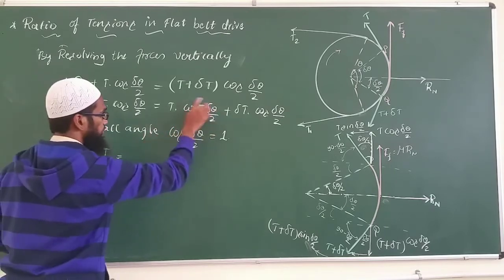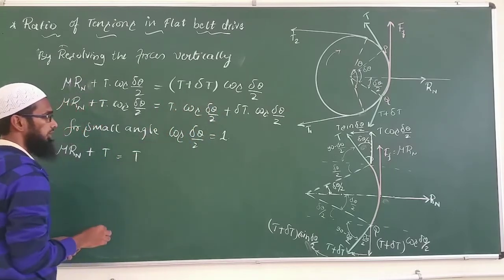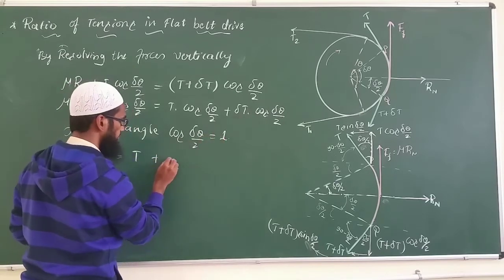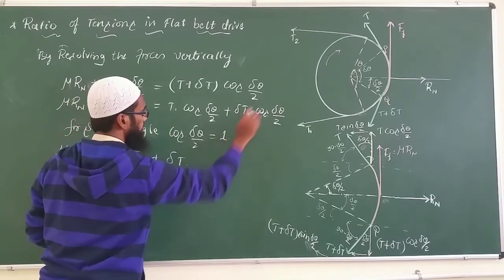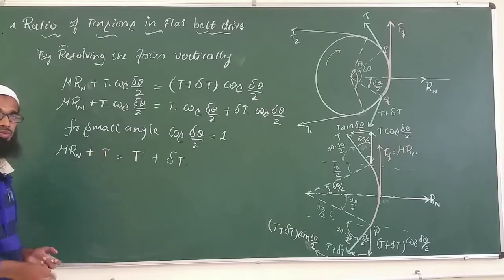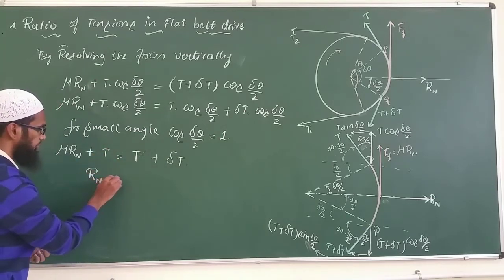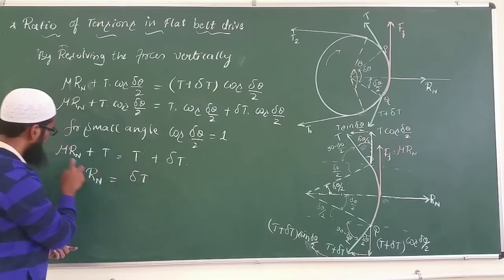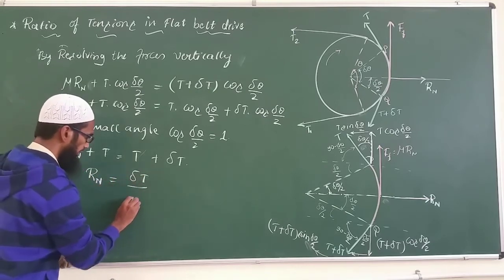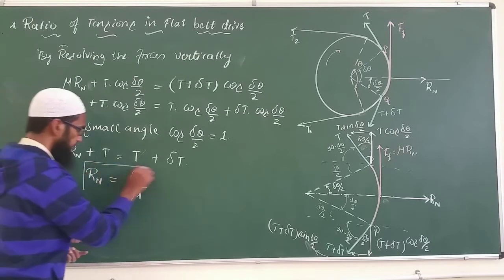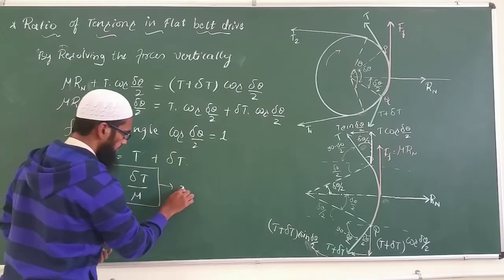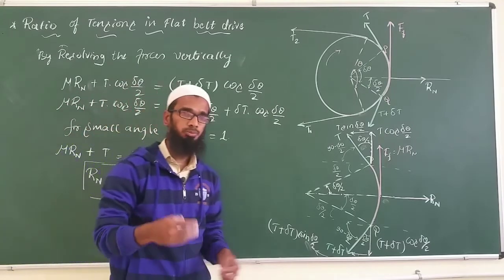Now this part is also 1, means this will be T only. Now on the right hand side, this is ∂T, this becomes 1. Now you can cancel these two, that is T here. So we remain with μRn equal to ∂T, and we cross multiply this μ to the right hand side.